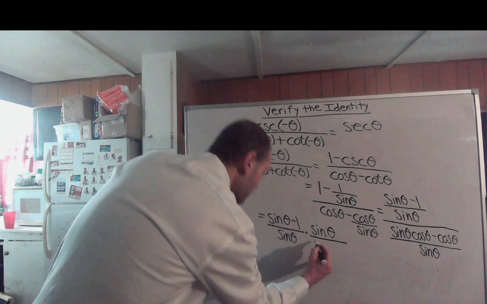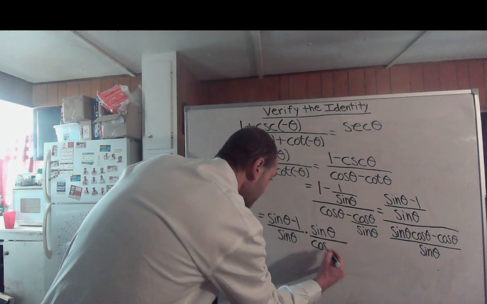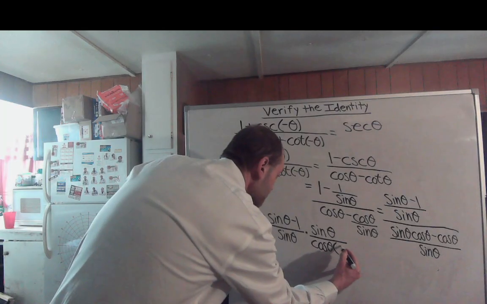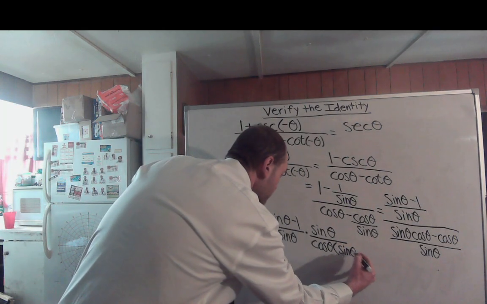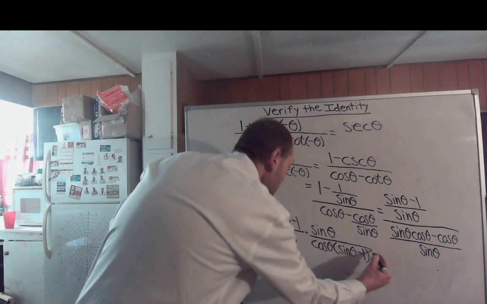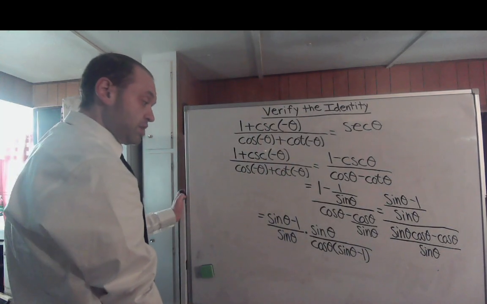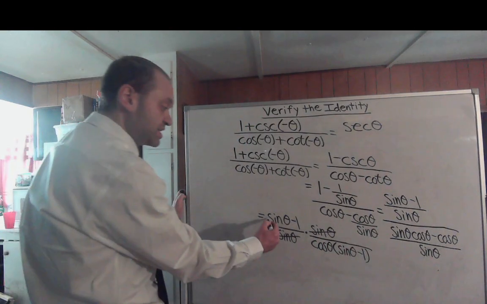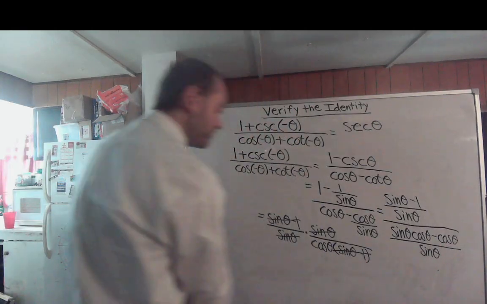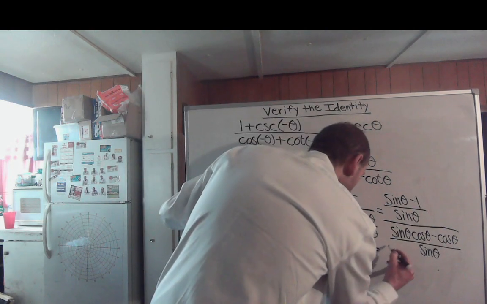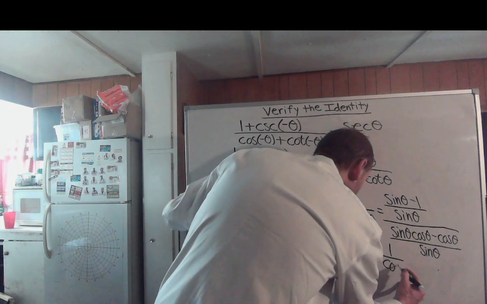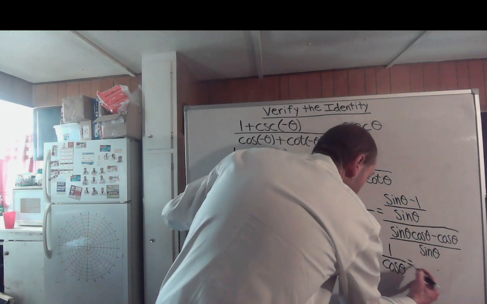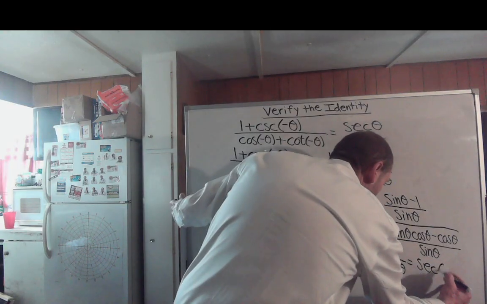You can factor out a common cosine of theta times the sine of theta minus 1. Well, you end up canceling out your sines of theta. You also end up canceling out the sines of theta minus 1. You end up with 1 over the cosine of theta, otherwise known as the secant of theta.